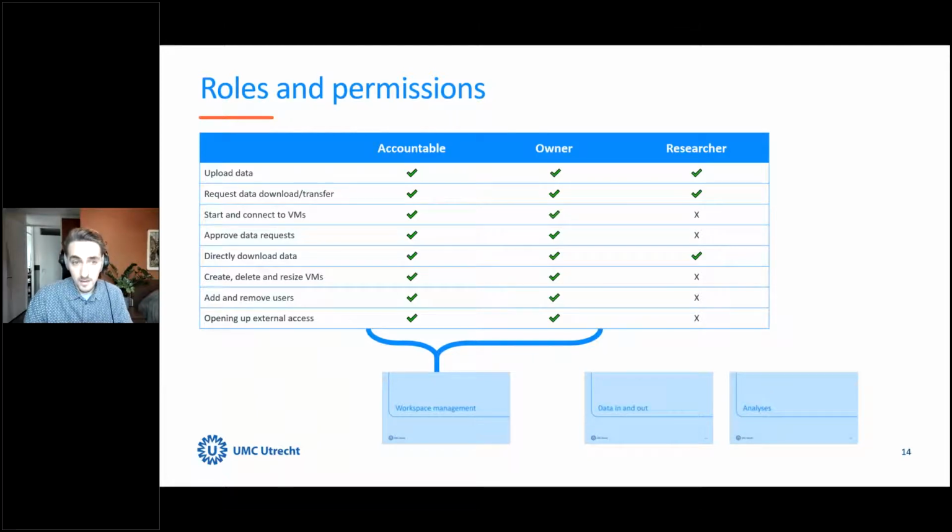I've told you before, accountables and owners need to do some management tasks, and then as a regular researcher, you can focus on uploading data and on analyzing, so that is what you can do within the workspace. Here you'll see what is allowed by each of these roles, but I think it makes sense to discuss it when I show the anDREa.